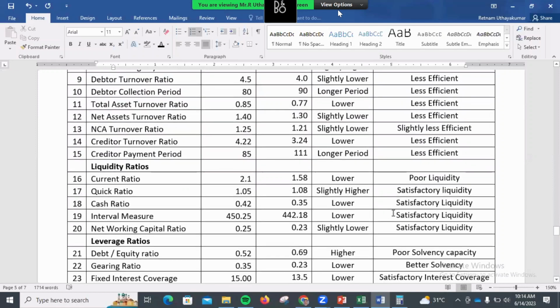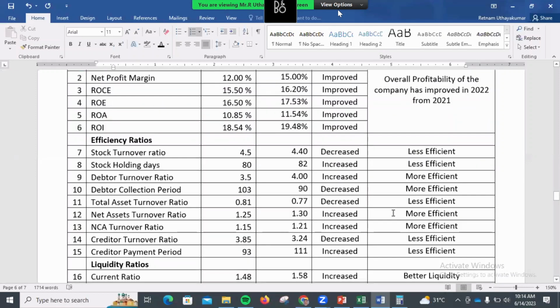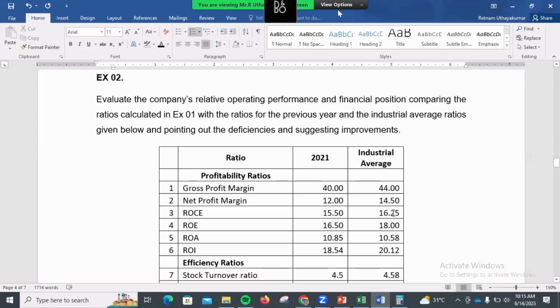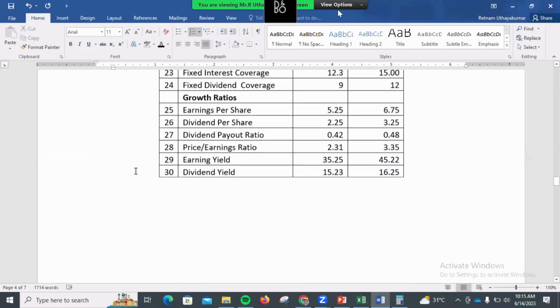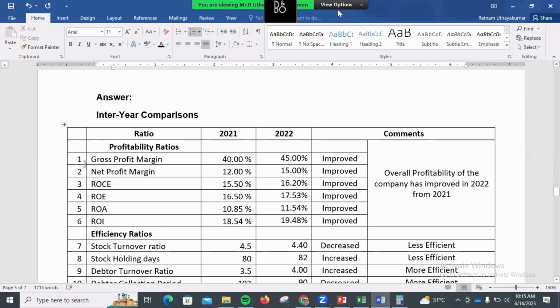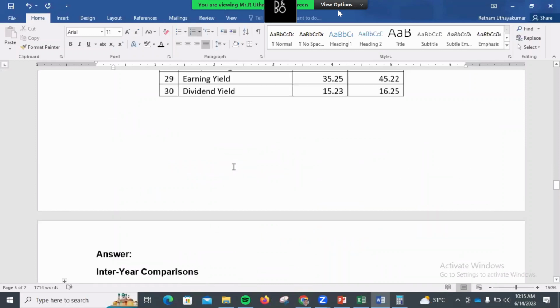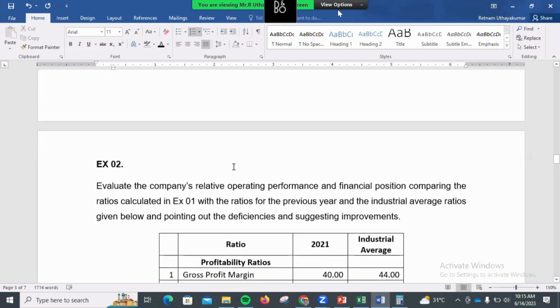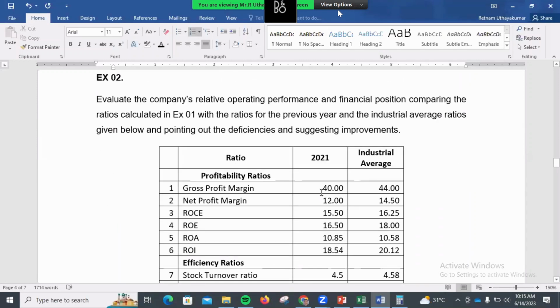But before writing, you must understand how to make a comment over it to identify the performance level. Right. So you want to set up this one. This is the ratio number, profitability ratios. 2021 is as given in the question. It has been uploaded without answers. These are the ratios that you apply.